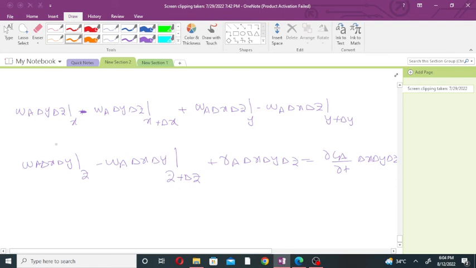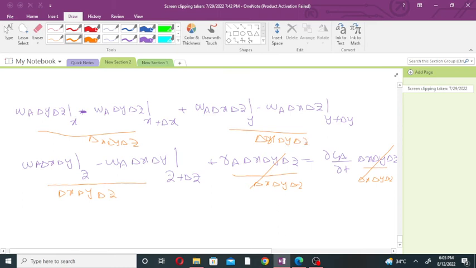So divide this equation by delta x, delta y, delta z. So each and every term will be divided by delta x, delta y, and delta z. So this whole term will cancel with this delta x, delta y, delta z, and this term will also be divided by delta x, delta y, delta z.